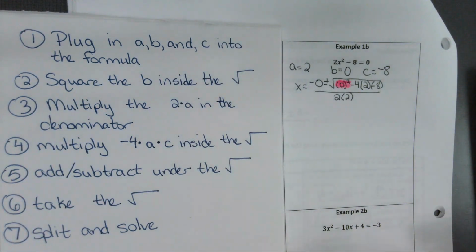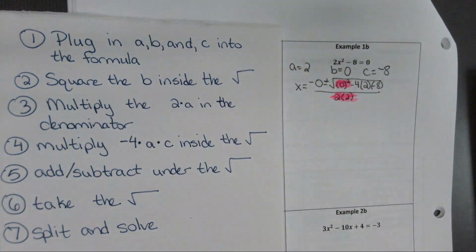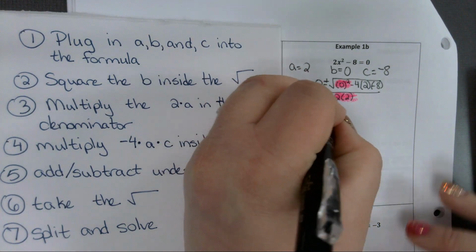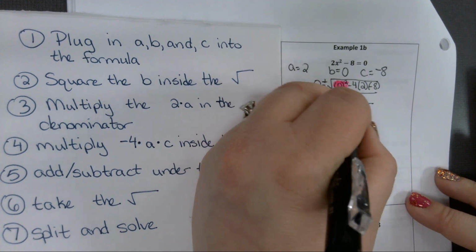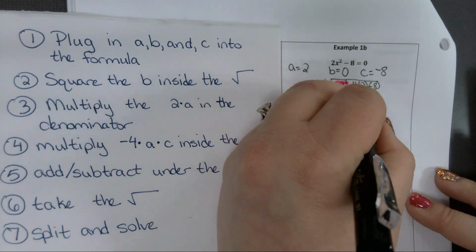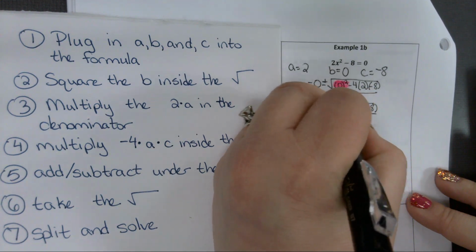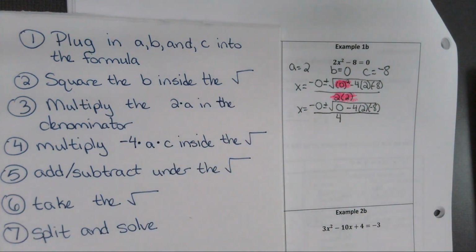And remember, we're also allowed to do one step on the bottom, which is the 2 times 2. 0 squared is just 0. And 2 times 2 is 4. After we're multiplying on the denominator, we can multiply our -4 times a times c.